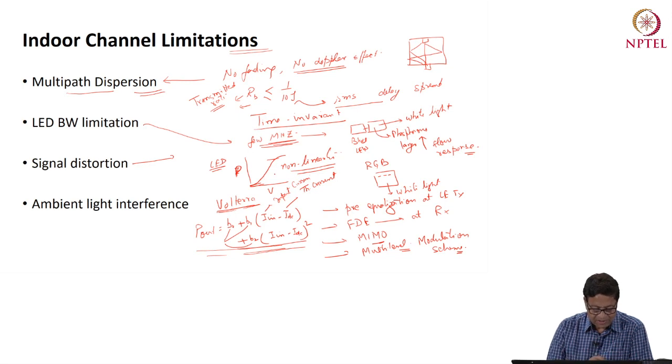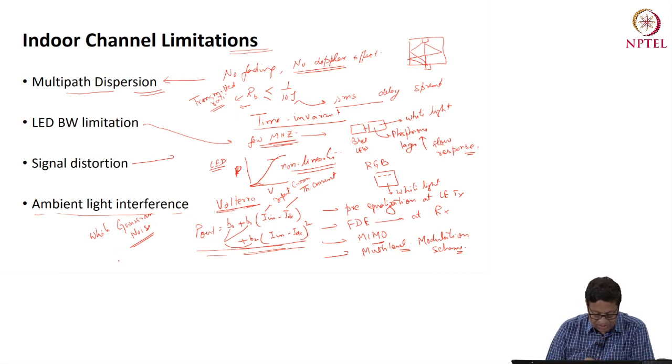The other issue which we should worry about in such systems is ambient light interference. This can also be modeled as white Gaussian noise.